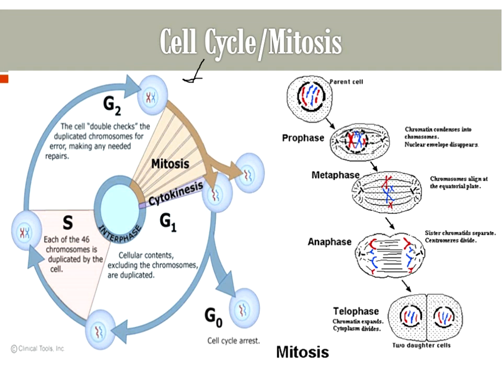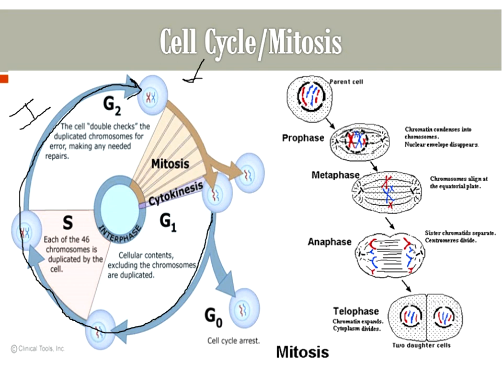Remember, this whole part here, about 80 to 90% of the cell cycle, all of this is just interphase. Interphase is G1, S, and G2. G1 is where the cellular components and contents are duplicated. S is where the chromosomes get duplicated. G2 is where everything's growing and getting ready to divide.